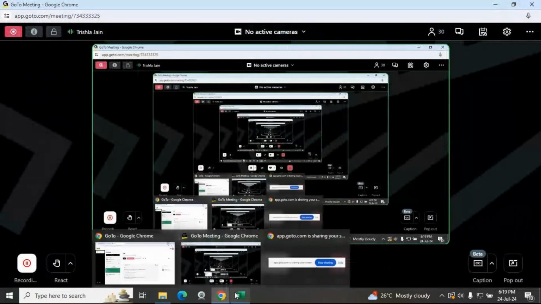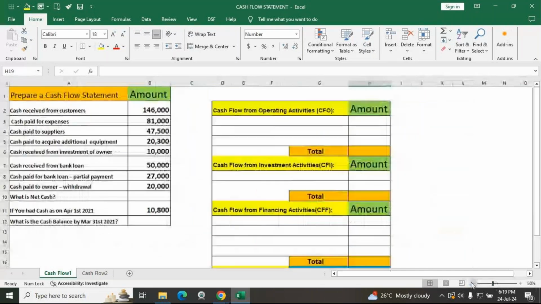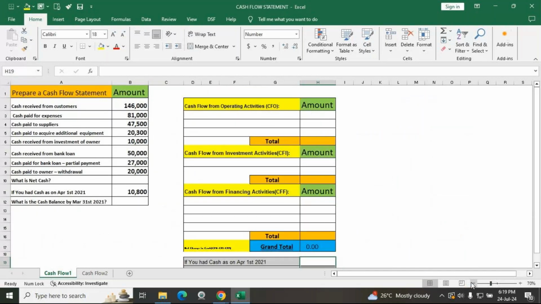So here I have shared two documents, Excel files. One is for the cash flow statement and one is for the balance sheet. Are you able to see my screen? So on the screen you can see I have a cash flow statement, which has certain line items and their values.